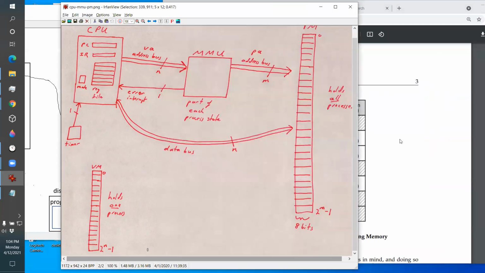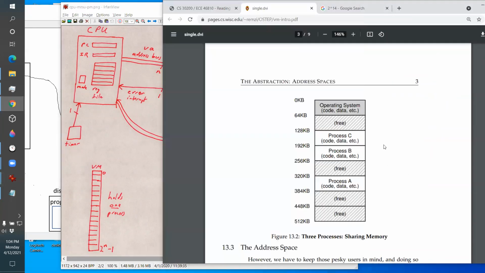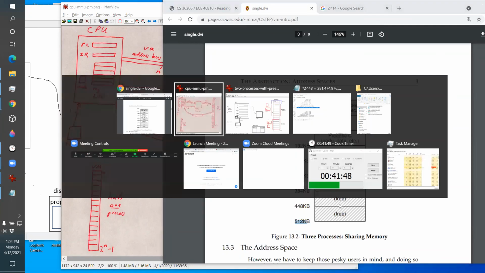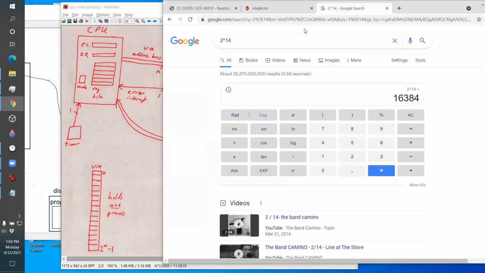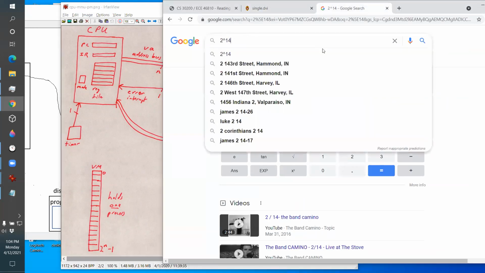His physical address space, in his example, is 512 kilobytes.